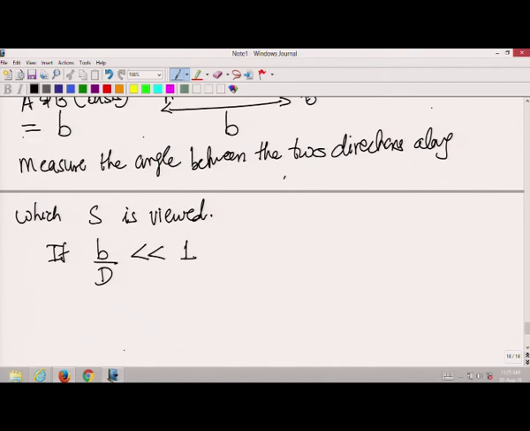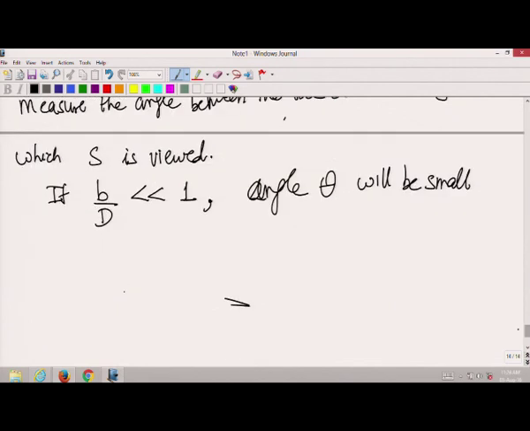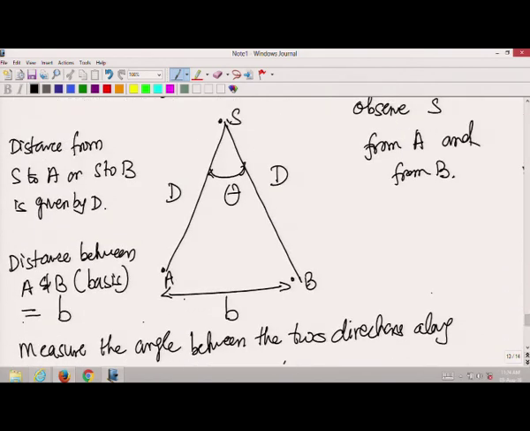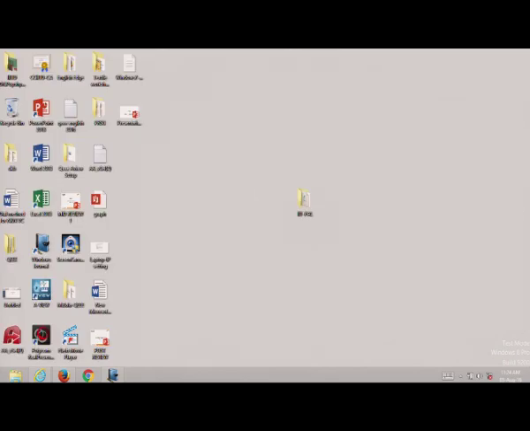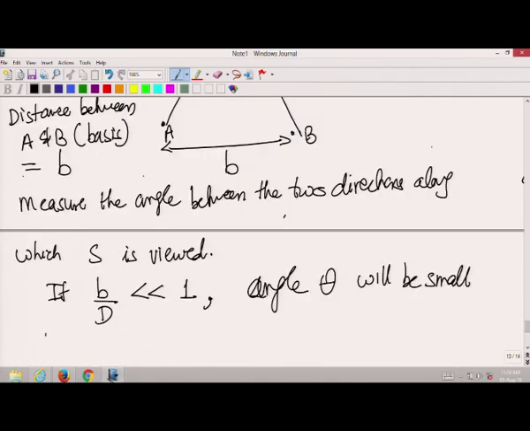Now, if B by D is much less than 1, that means the distance is very large, then the angle theta will be small, and if that is so, then AB can be treated as the arc of a circle.